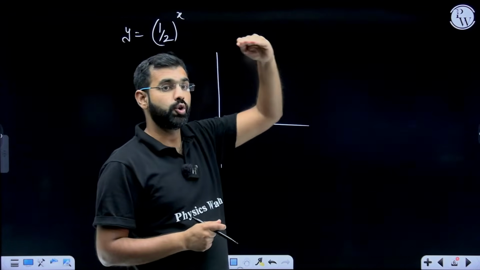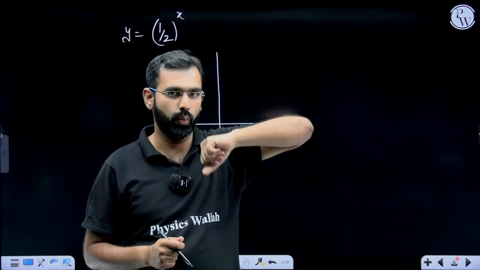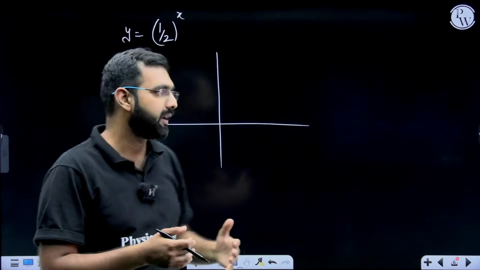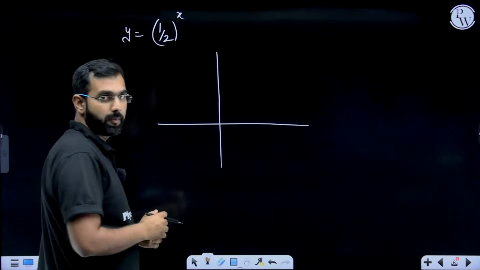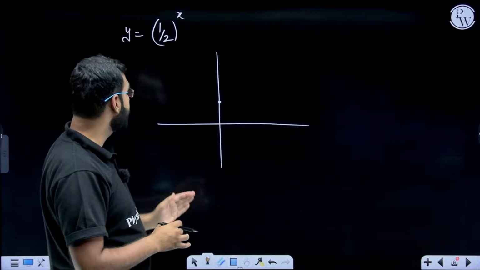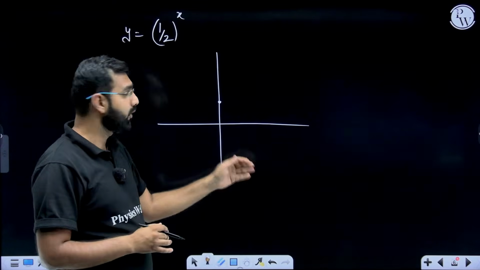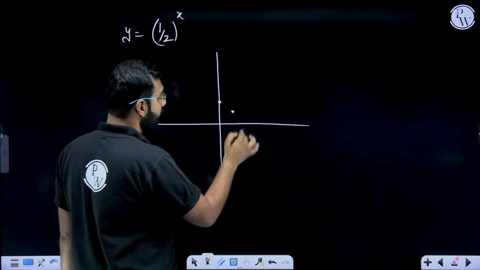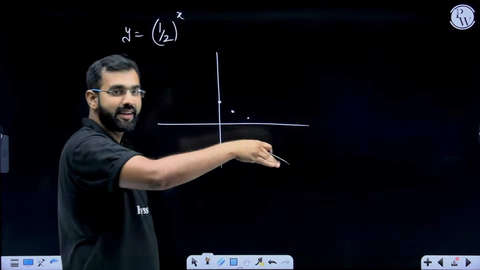So when 1 by 2 is raised to higher powers, do you not think it will start decreasing its value? Because 1 by 2 to the power 0 is 1. Everyone getting it? But 1 by 2 to the power 1 will be 0.5. 1 by 2 to the power 2 will be 1 by 4, that is 0.25. So it is clearly decreasing.